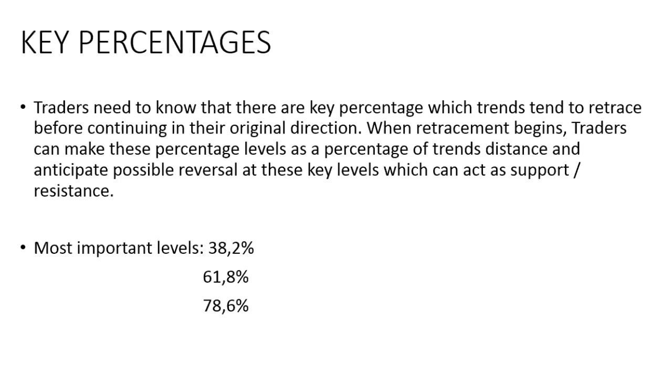And the most important levels, as they say here, are the 38.2, the 61.8, and the 78.6, meaning that when it gets to the 38.2 level, we're going to start looking if it's giving us a confirmation that it's going to continue going upwards to continue the trend. Or we'll look at it when it gets to the 61.8 or when it gets to the 78.6. These are the important levels that we need to monitor when price gets there.